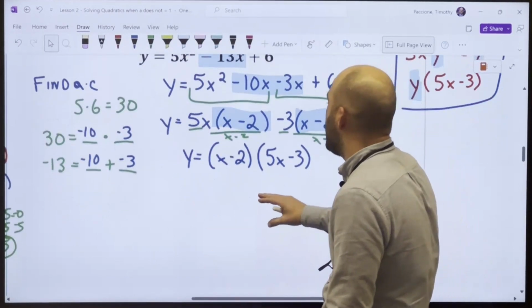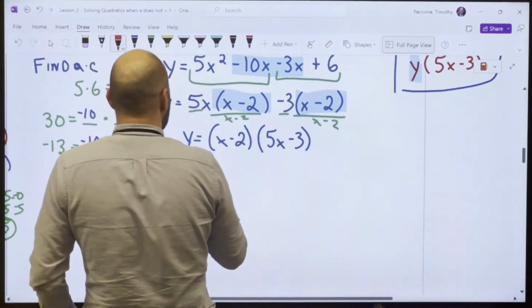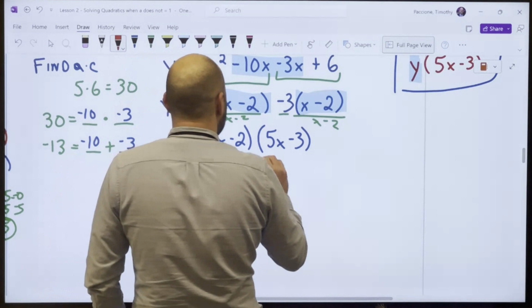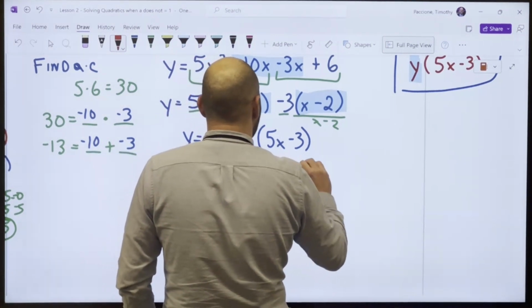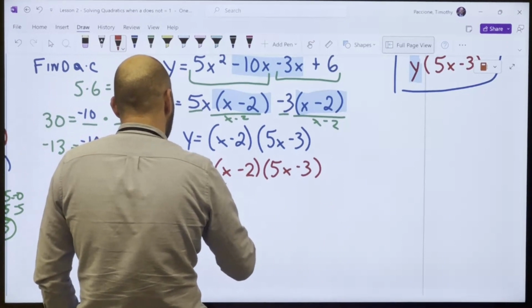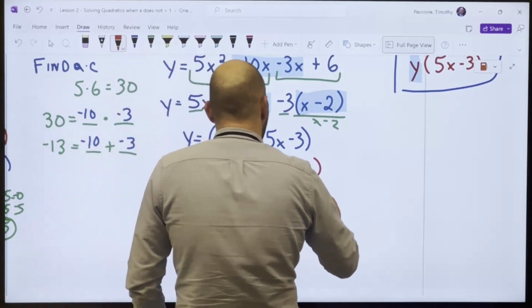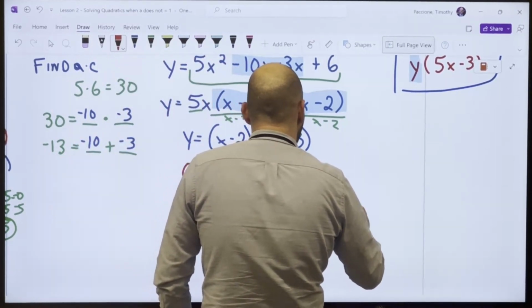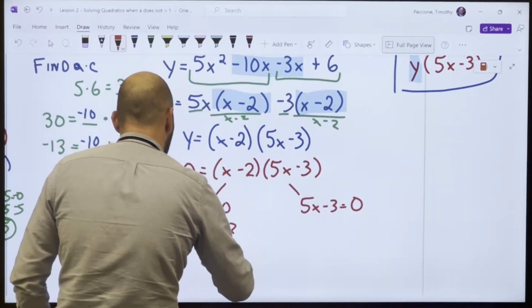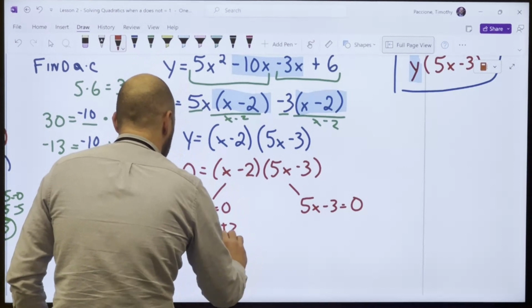All right, so now I have this. I set it equal to 0. 0 equals x minus 2 times 5x minus 3. So both of these get set equal to 0. X minus 2 equals 0. 5x minus 3 equals 0. Plus 2, x equals 2.